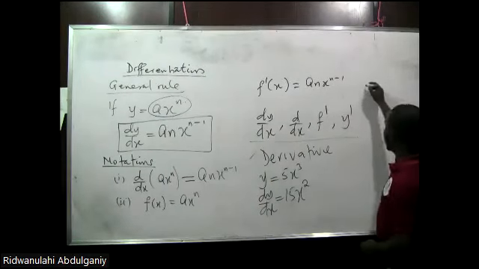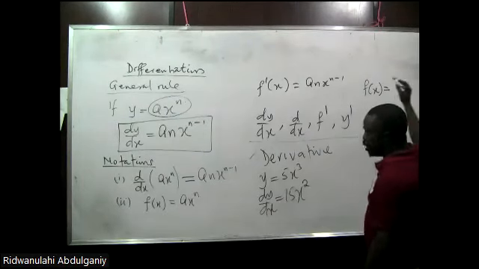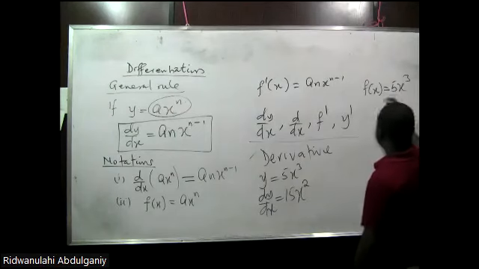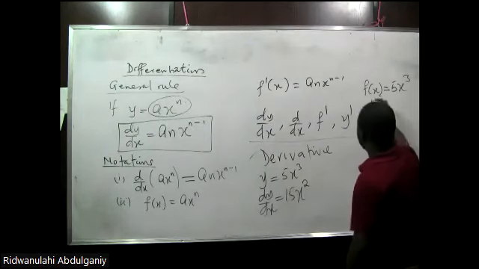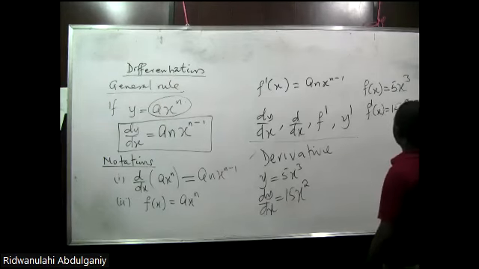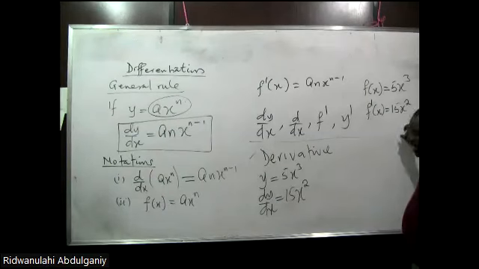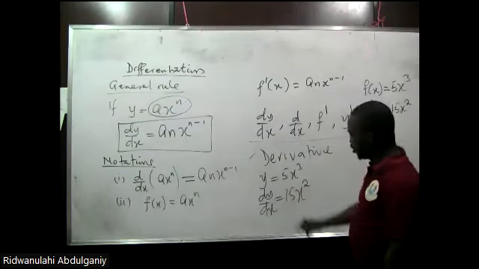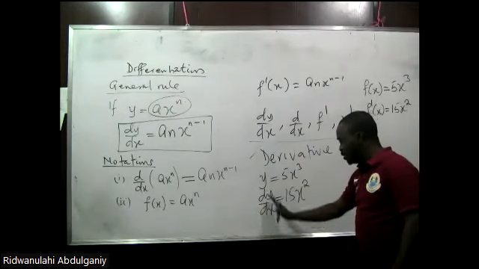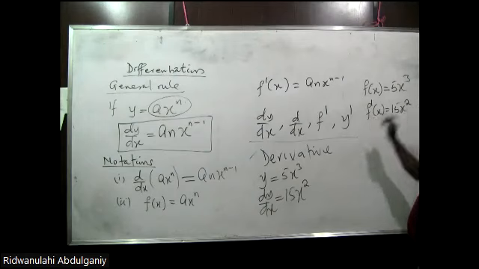If I've written it as f of x equals 5x cubed, I will write the answer as f prime of x equals 15x squared. You observe that the answer still remains the same. I have not changed the answer. The only thing that changes is the notation. While this one is written as dy dx, I have written this one as f prime.